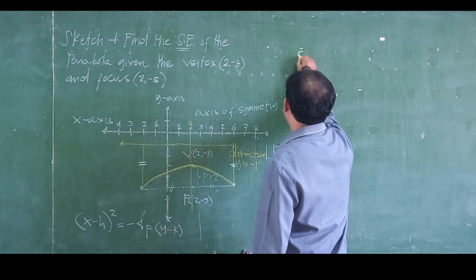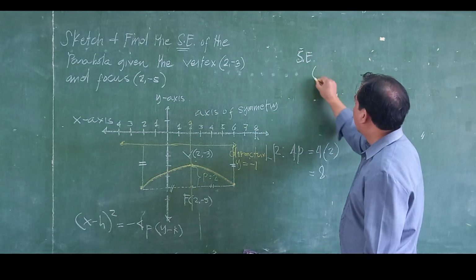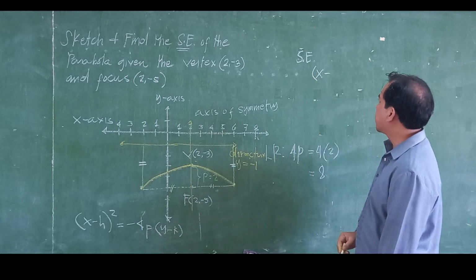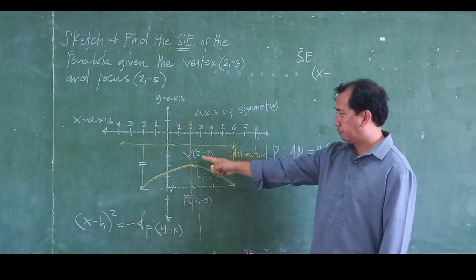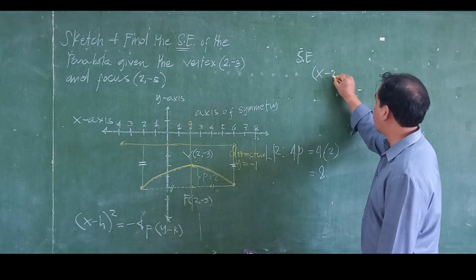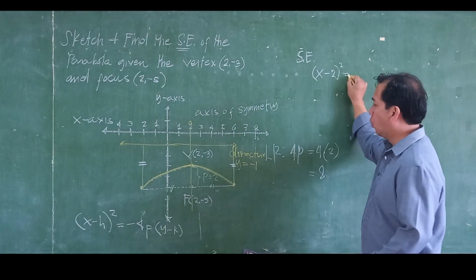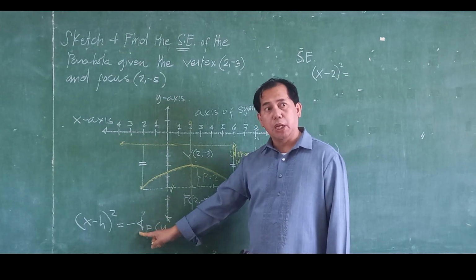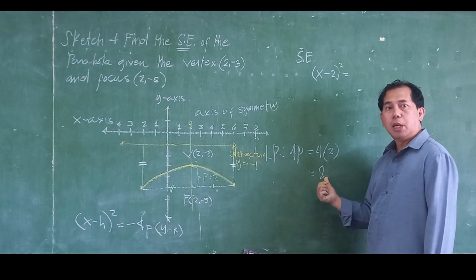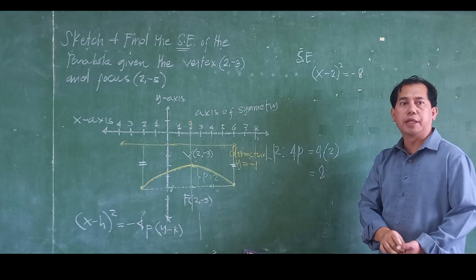Standard equation of the parabola will follow. So, x minus h, positive 2, so that is x minus 2 raised to the second power. And of course, our latus rectum is 4p, but that is downward, and so it is negative 8.